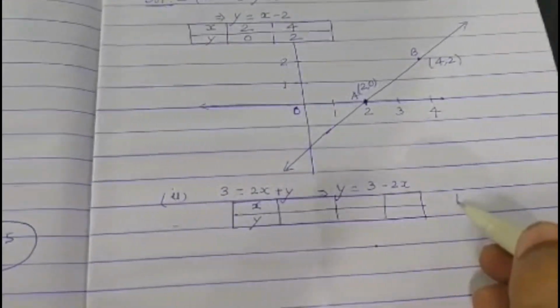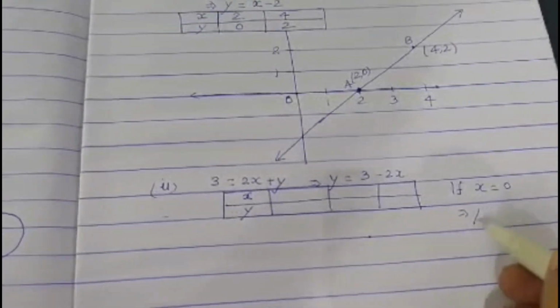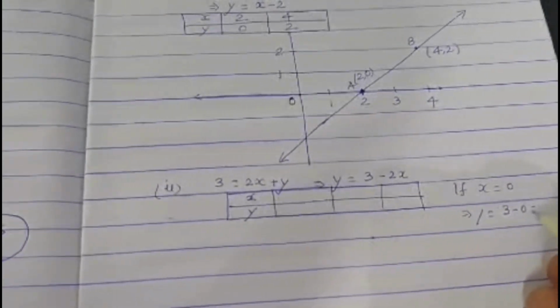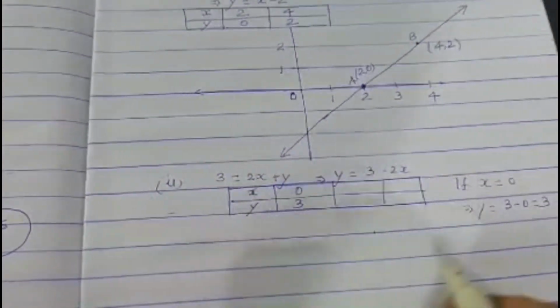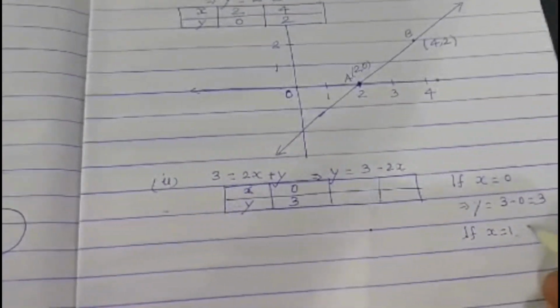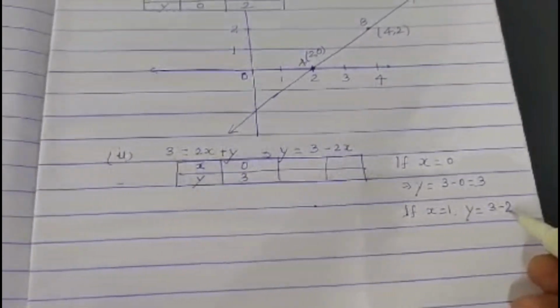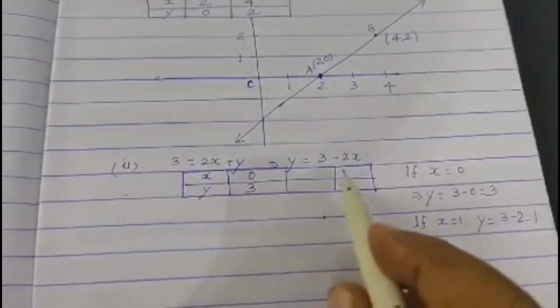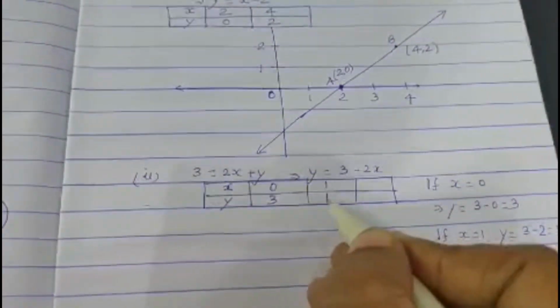So if x equal to 0, then y is equal to 3 minus 0 equal to 3. So when x is 0, then y is 3. Now if x equal to 1, then y equal to 3 minus 2 into 1, that is 2, equal to 1. So x equal to 1, then y equal to also 1.